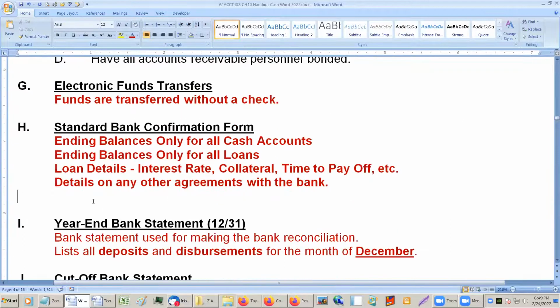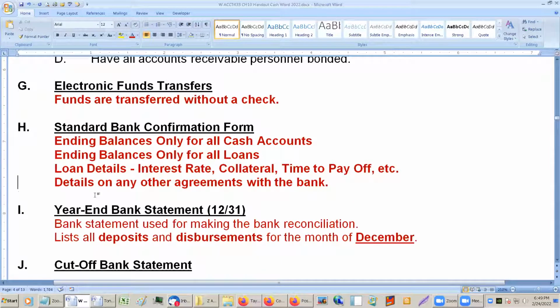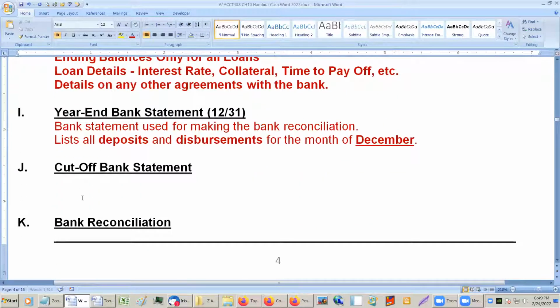Okay, cutoff bank statement is made 7 to 14 days into the next month.